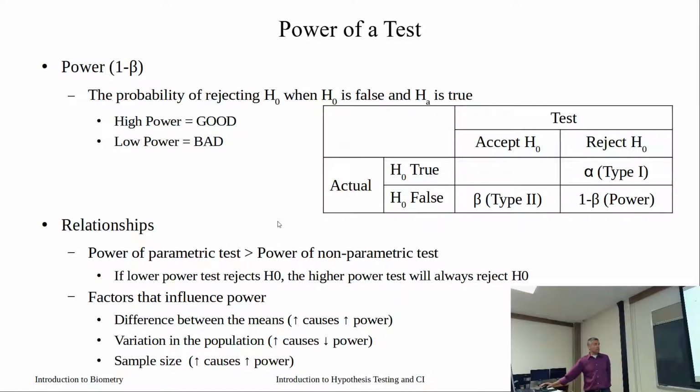So how do we improve our power? Well, it comes down to some general rules. First up is the type of test. A parametric test is a test that assumes normality of our data. Anytime we do those tests, we have to check that normality assumption.